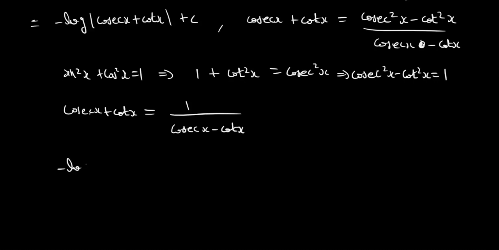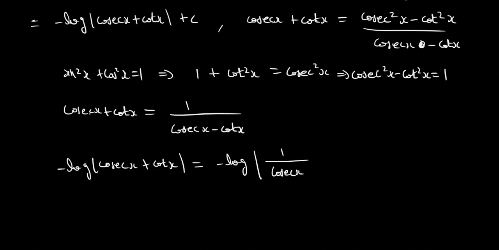So minus of log cosec x plus cot x can be written as minus of log 1 by cosec x minus cot x. If we put this minus as a power here, then it will become log cosec x minus cot x.